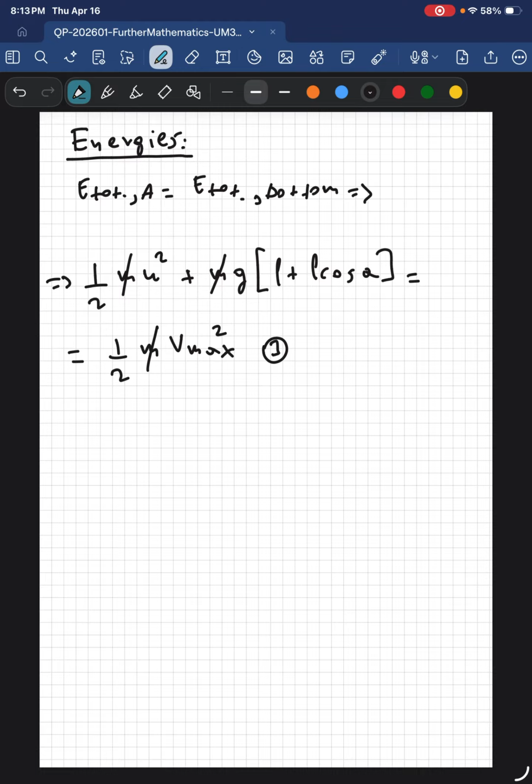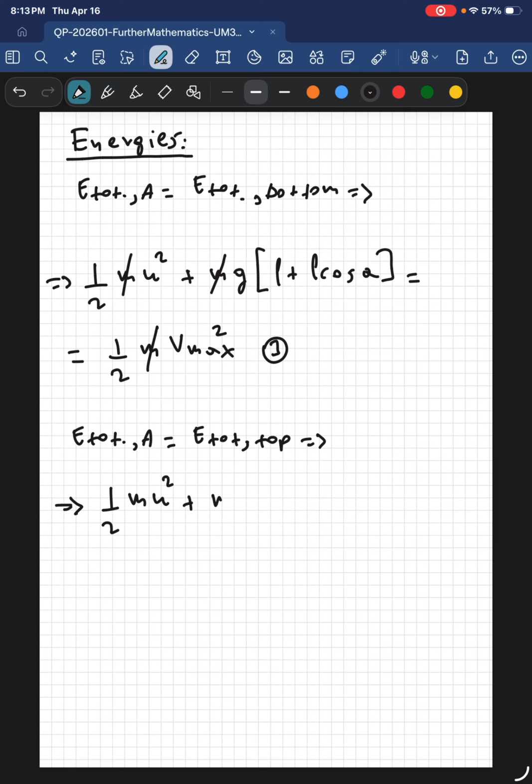And then similarly, we have the total energy at A is equal to the total energy at the top. Okay, so we will take the total energy with respect to the bottom though. Okay, so we have that 1/2 m u squared, right?